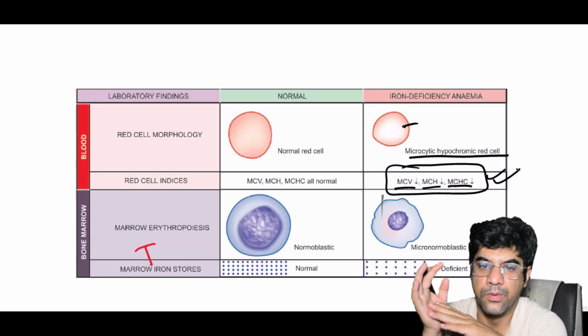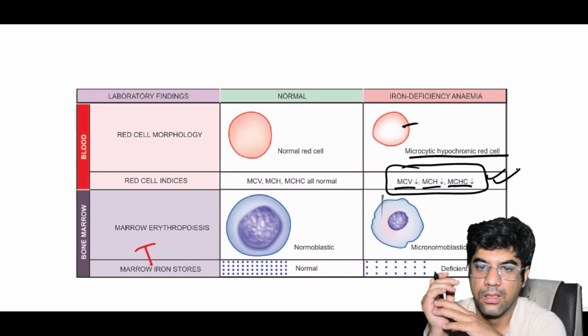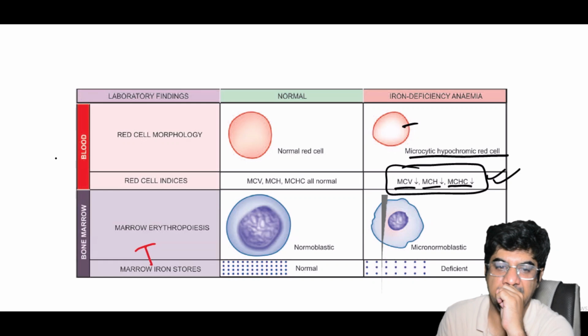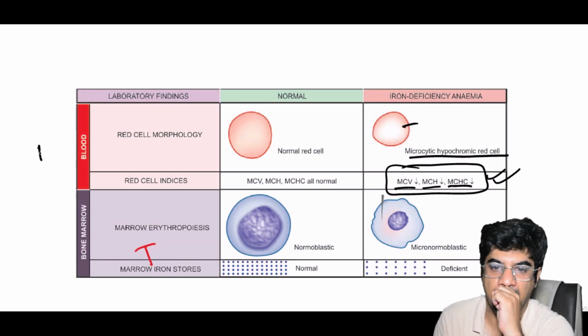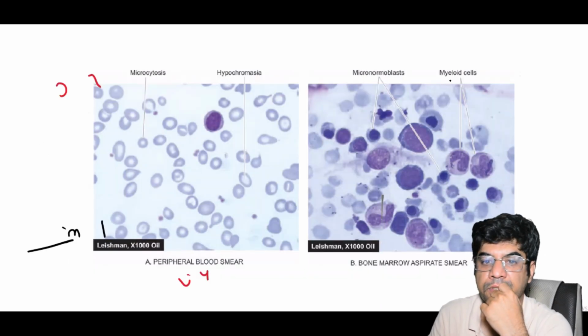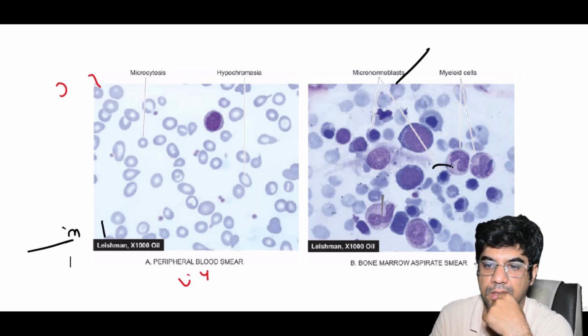Apart from that, you can do bone marrow finding. The marrow cellularity is increased, and the myeloid erythroid ratio decreases. So here you would see predominance of small polychromatic normoblasts that are known as micronormoblast cells.